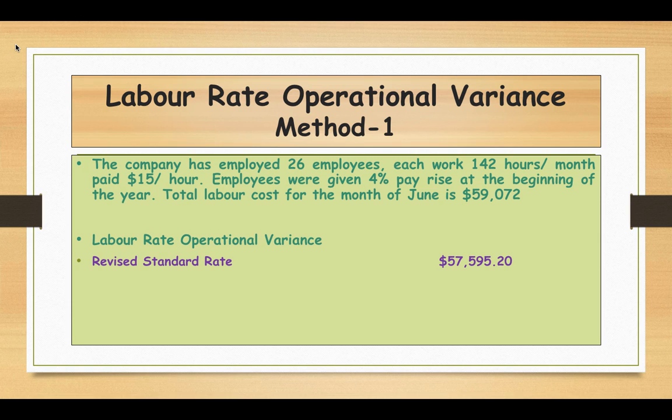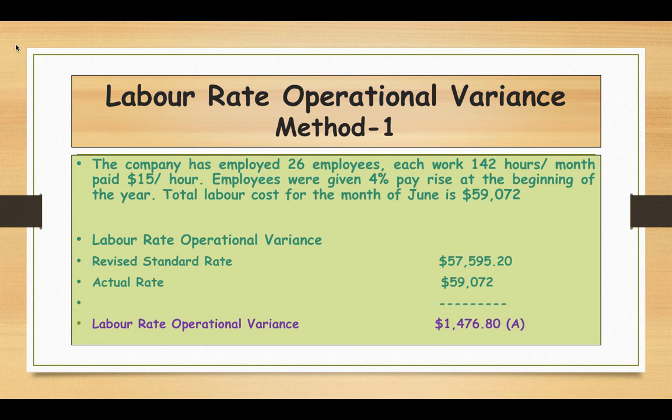So according to the revised standard, our total should have been $57,595.20. But the actual was $59,072. So the labor rate operational variance is the difference between the revised standard and the actual, which is $1,476.80 adverse. So this is the labor rate operational variance under method 1.